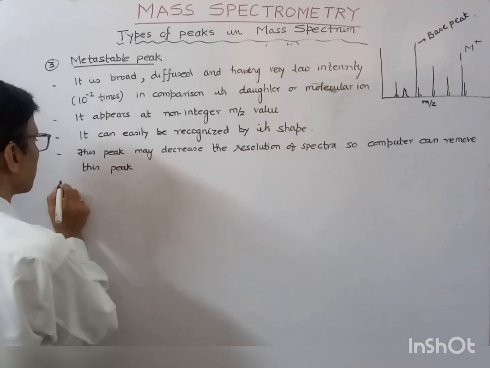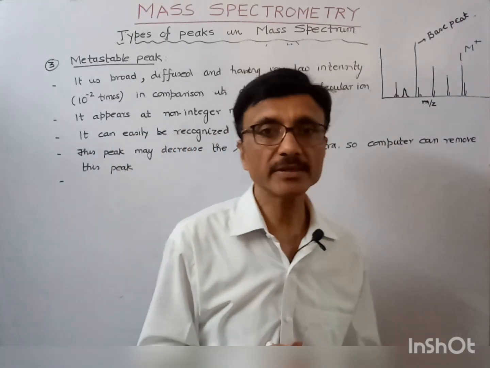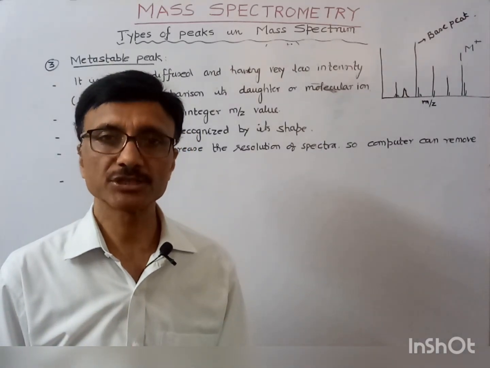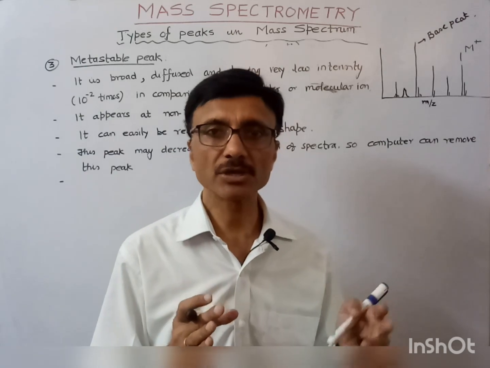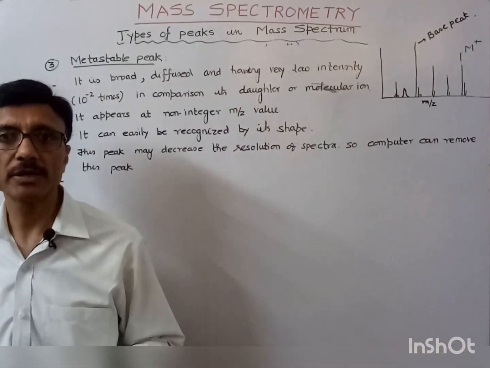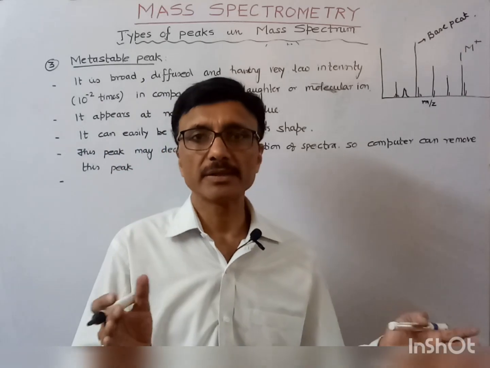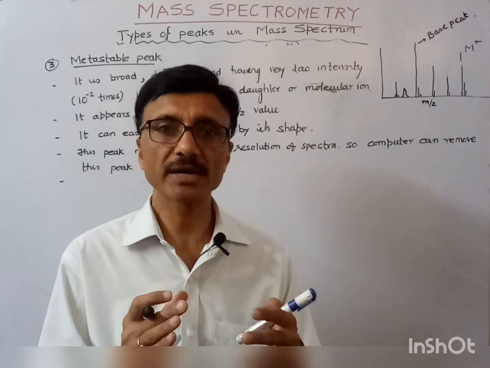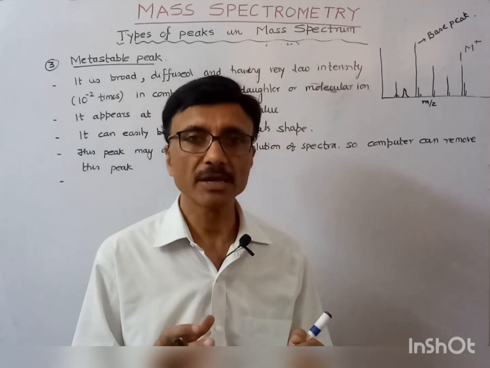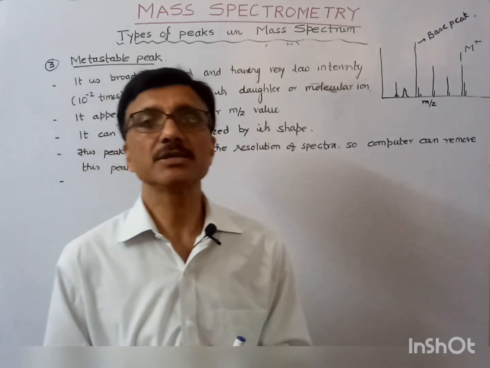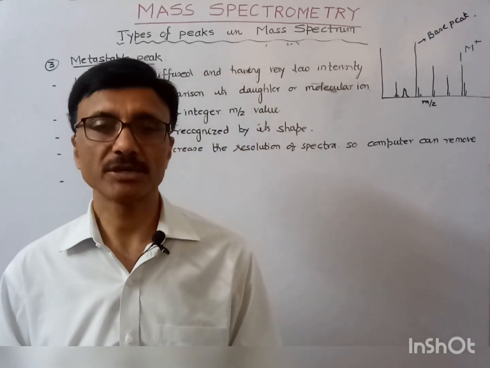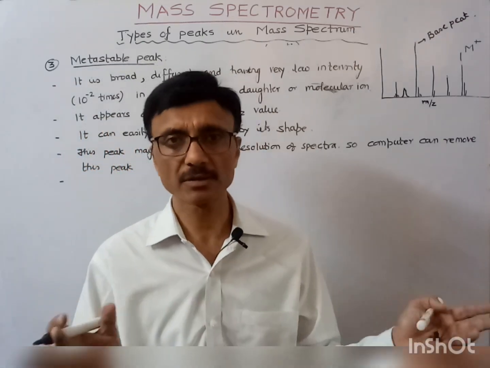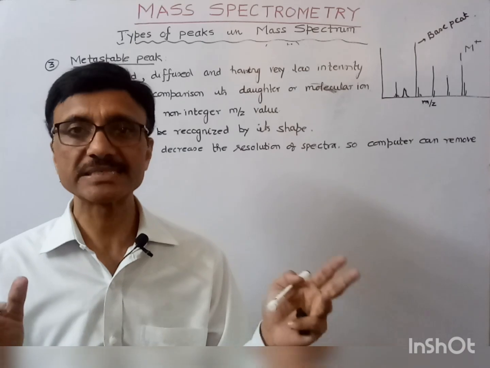Now, another thing: when or where it appears. What I told you in the instrumentation part is that any molecular ion peak or fragment ion peak is formed in the ionization chamber. All peaks are formed in an ionization chamber. But this metastable peak is not formed in the ionization chamber; it is formed somewhere in another field, which is called the secondary region. Suppose this is the evaporation chamber, then the ionization chamber, then the accelerating chamber, and then the mass analyzer. It will not form in the ionization chamber, but somewhere between the accelerating chamber and the mass analyzer.